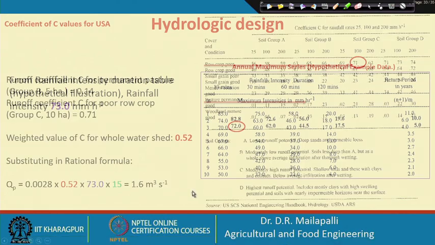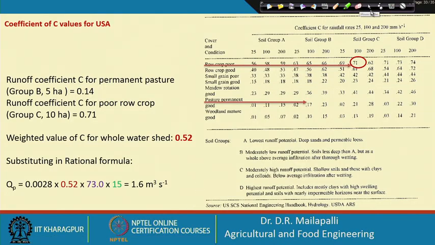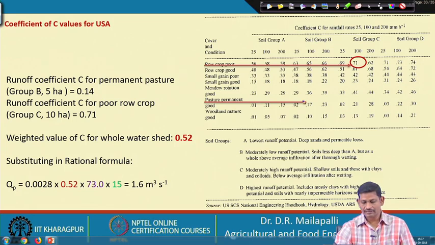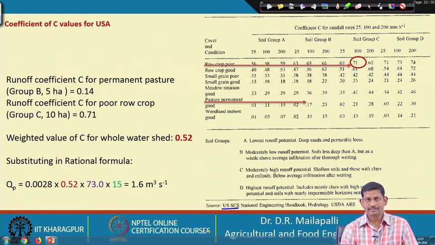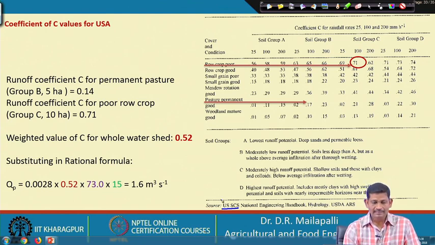The next is the runoff coefficient C. For the runoff coefficient C, there is another table, given by USDA, or US SCS, the United States Soil Conservation Service.